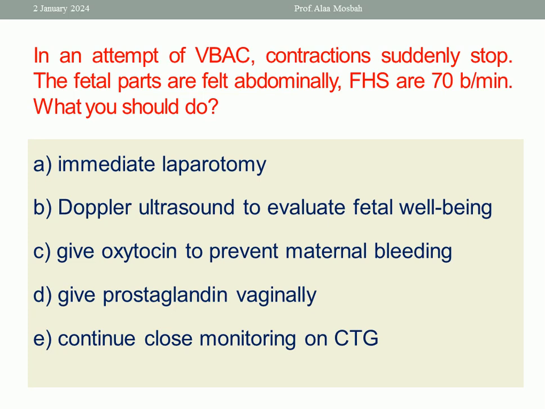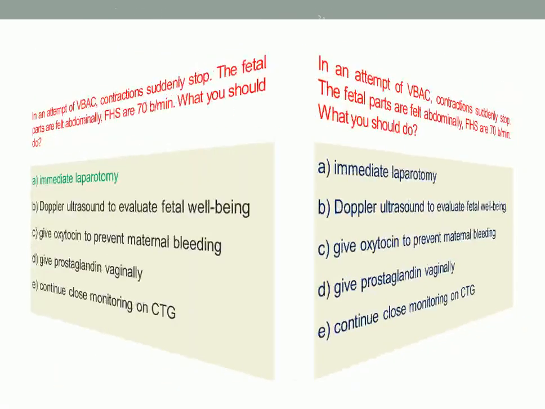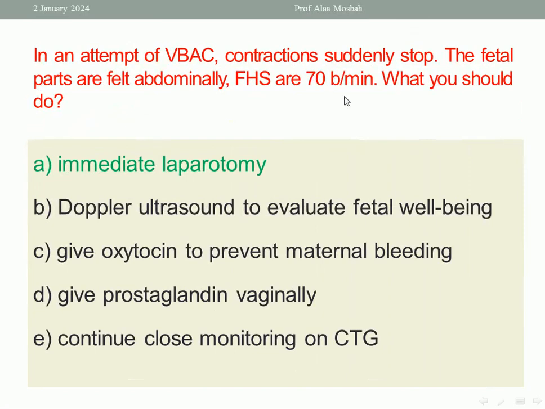The one best response here is A. Immediate laparotomy. Why? Because this is vaginal birth after cesarean section. Of course, there is a possibility of dehiscence of the scar, uterine rupture. Okay? And suddenly the pain stopped.